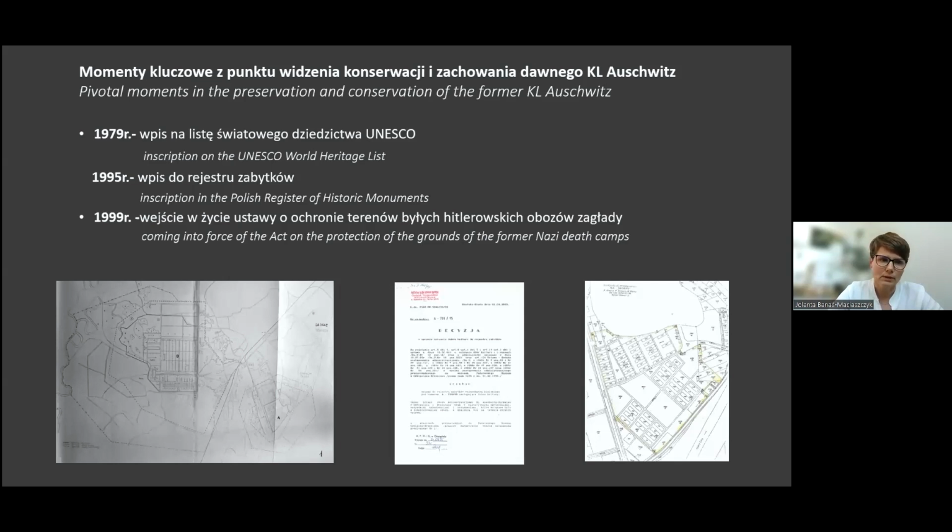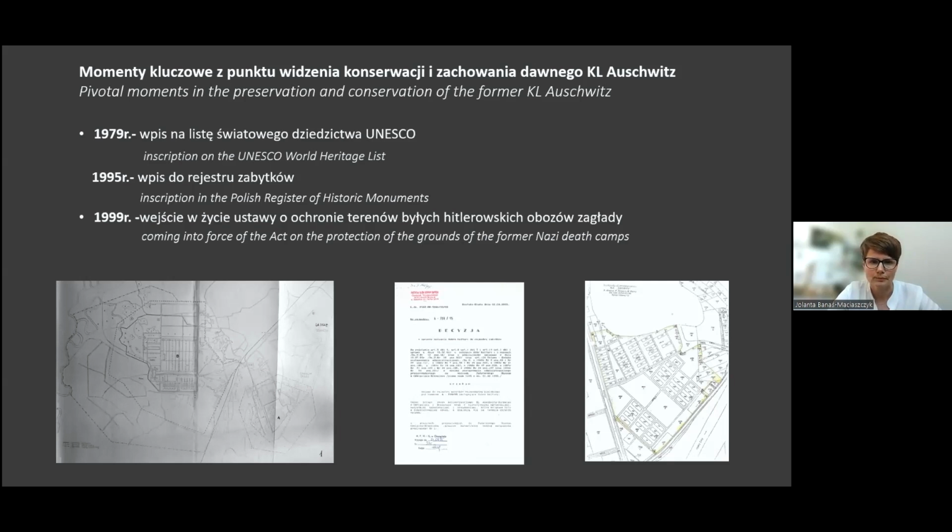They were under protection. And 1999 was when the act on the protection of the areas of the former Nazi death camps came into life, and this also includes the grounds of former Auschwitz.